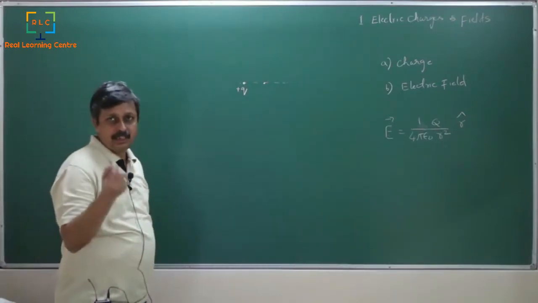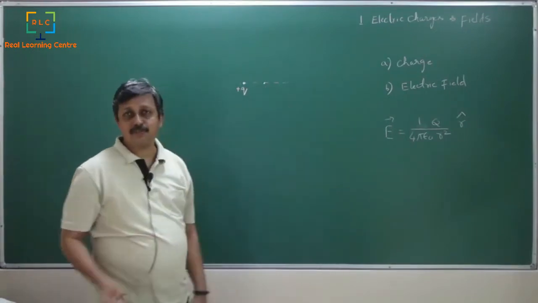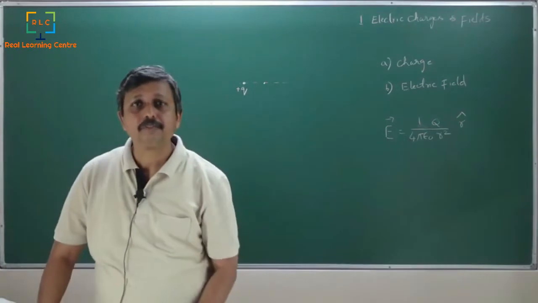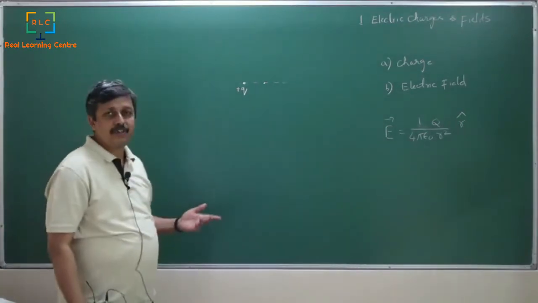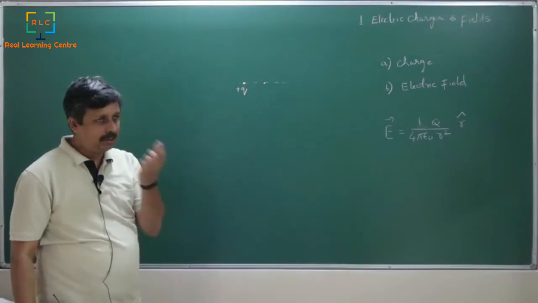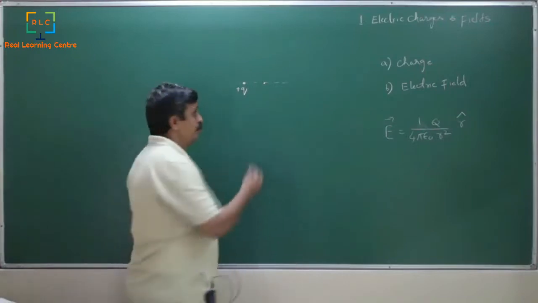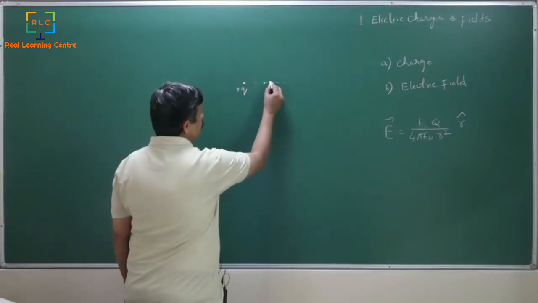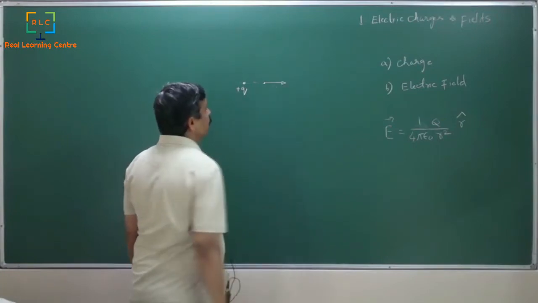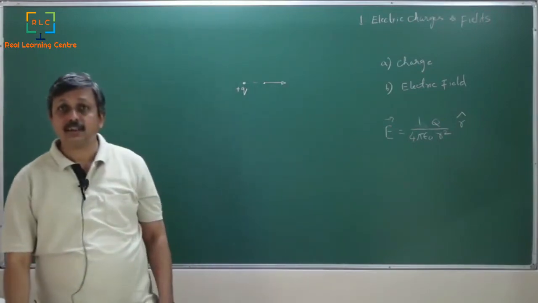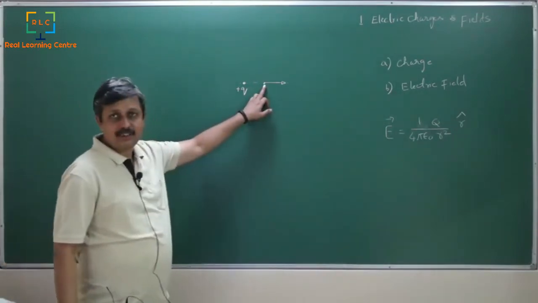I take a small test charge, keep it here, and see how much force it experiences divided by the charge itself. So you finally get a vector with magnitude and direction, and its direction will be away from the charge, because this is positive and the test charge is also positive. That is the vector you can write at this point.